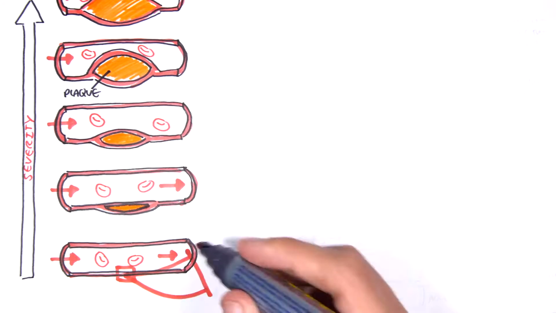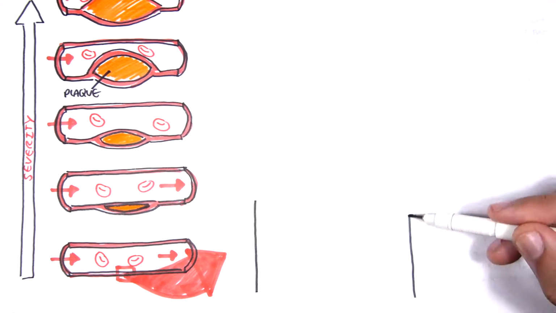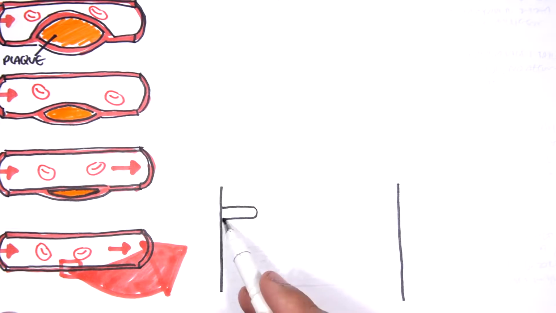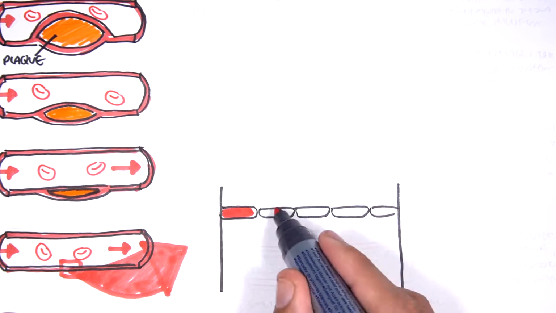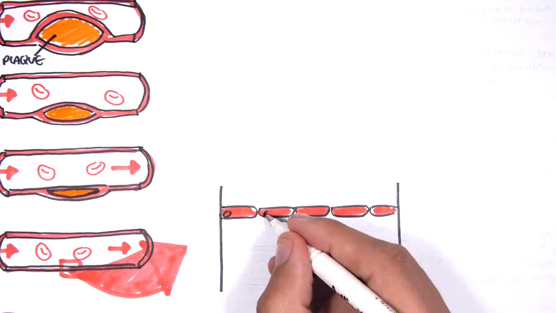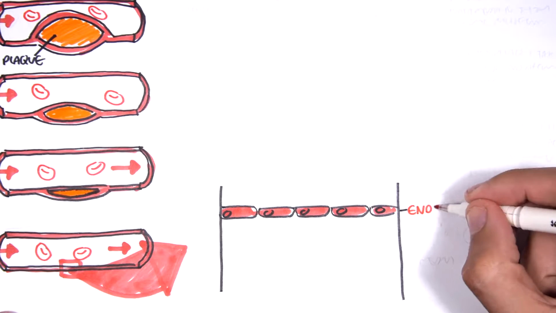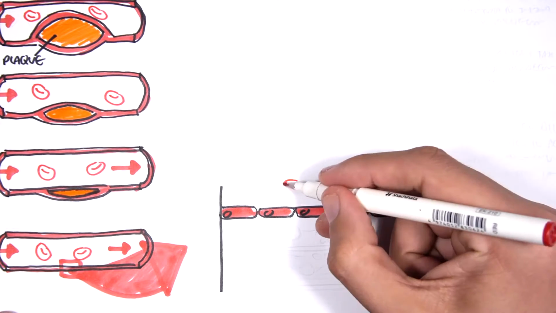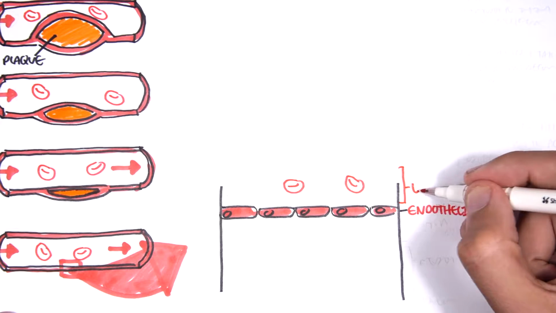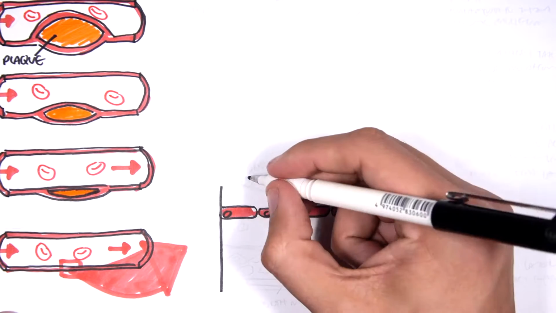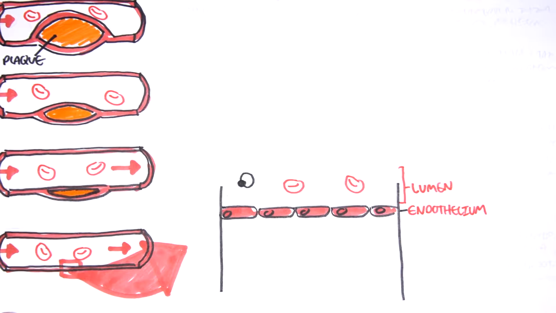Now that we get the overall picture, let's look at the mechanism of plaque formation in a bit more detail. So let us zoom first into this blood vessel and look at its different layers and what they contain. Here are our endothelial cells, and here is the lumen where we have red blood cells, and also lipoproteins such as LDLs, which are low density lipoproteins.